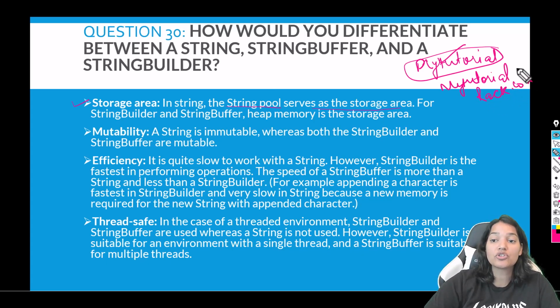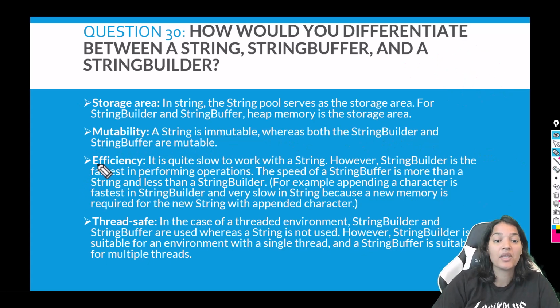So two strings would be there. You no longer need the first one, but it'll still be available. So that is the difference between using a String, a StringBuffer, or a StringBuilder. A String is immutable, whereas both StringBuilder and StringBuffer are mutable, meaning you can easily modify them.